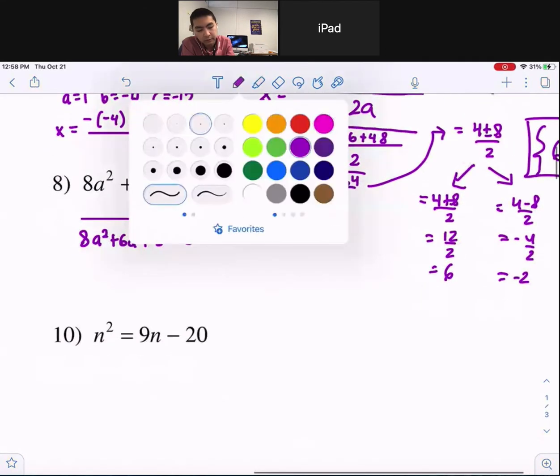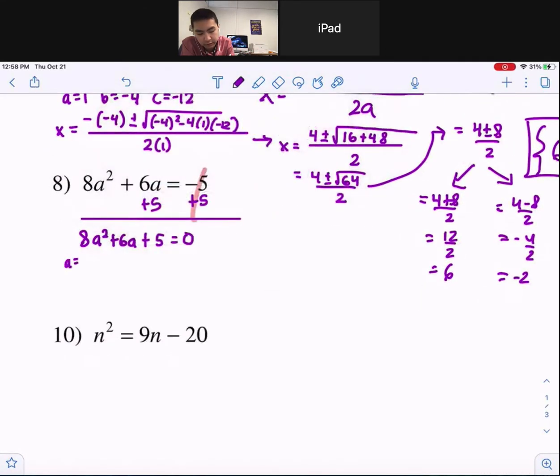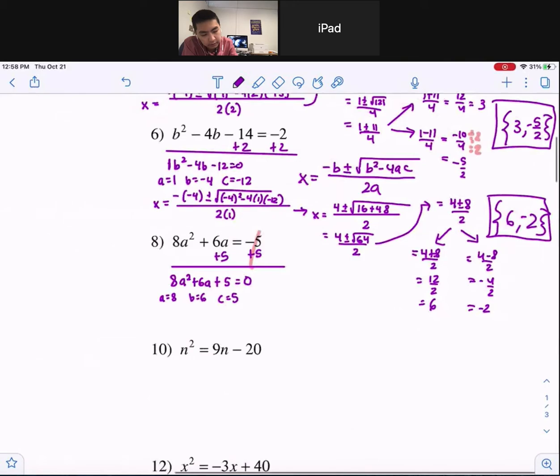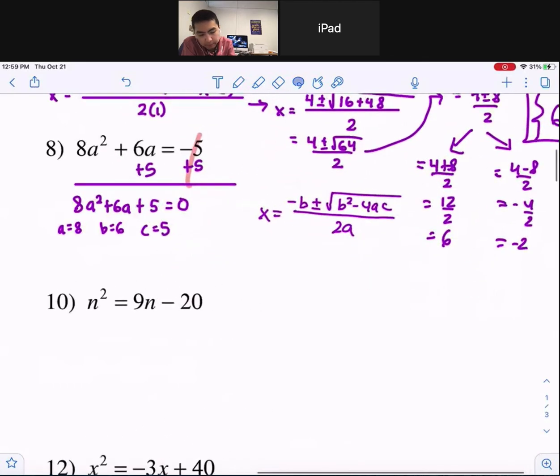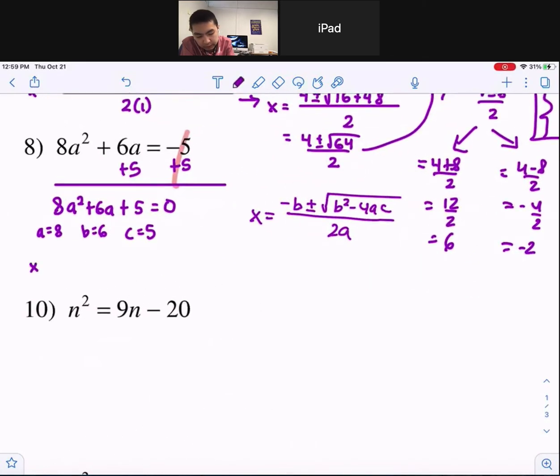So we have this, and that 5, you guys, will be your new c value. And then making sure we have the formula handy dandy for us, right? So x equals negative 6 plus or minus the square root of 6 squared minus 4 times your a times your c, all over 2 times a, which is 2 times 8.